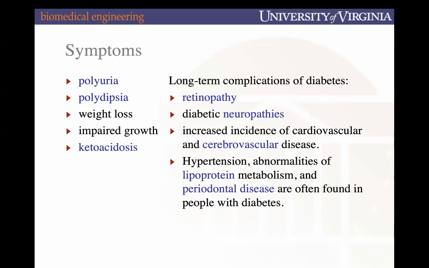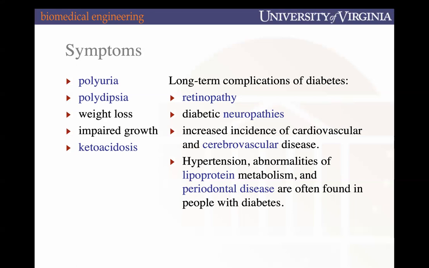Thankfully, we have better diagnostic tools now, but long ago, that was one diagnostic tool for diabetes. With polydipsia, there's a loss of water because of this osmotic gradient in the urine, so they're constantly thirsty as well. There is also a general nutrient deprivation, as described by the weight loss and impaired growth.